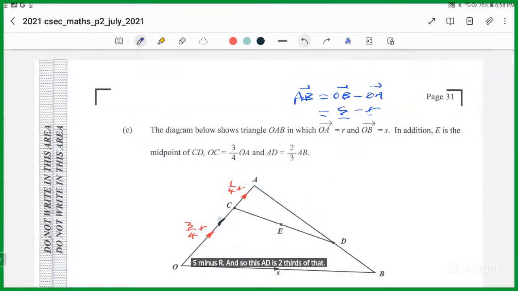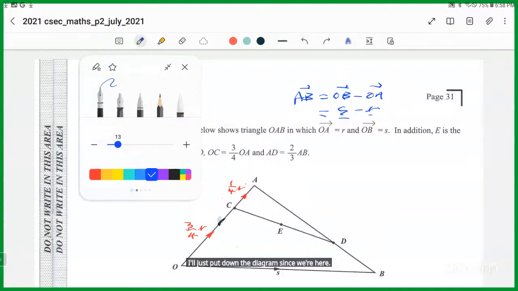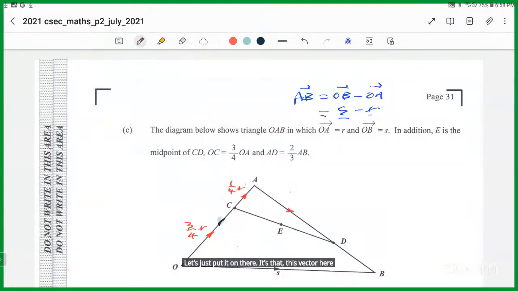I'll just put on the diagram since we're here. This vector here is 2/3 of the AB. That's what the AD is. So it's 2/3 of this. So it becomes 2/3 S minus 2/3 R. That's what the vector from A to D is.